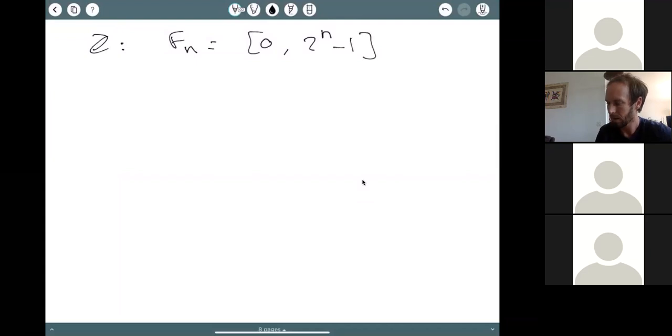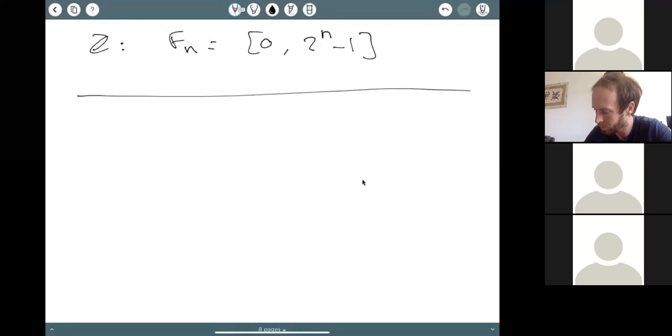And so what you see, of course, is that if you take Fn+1, then it's just 2 copies of Fn. I'm going to make a small picture. This is going to be Fn, and Fn+1 is going to be this one.